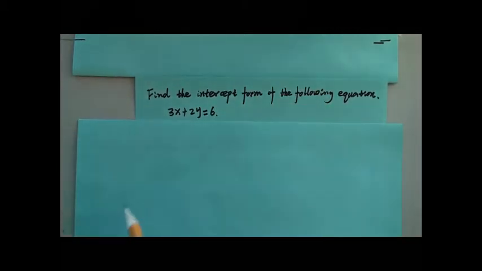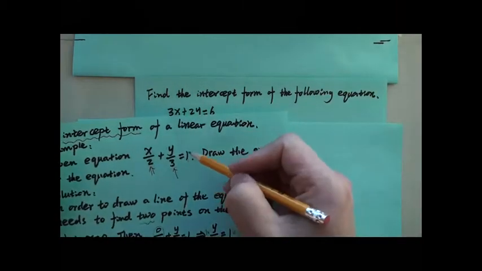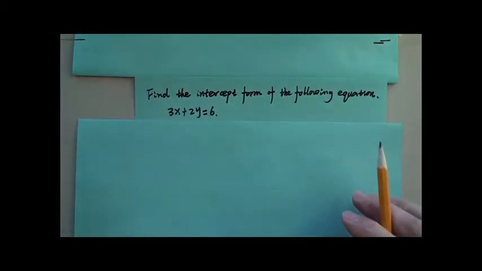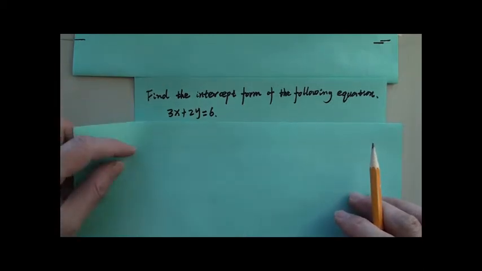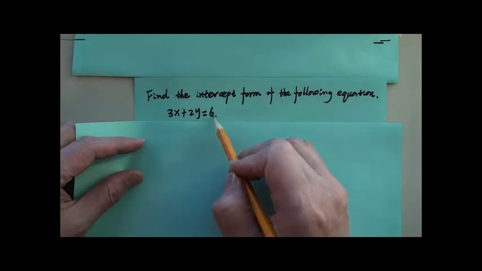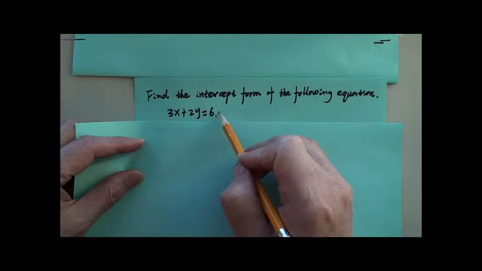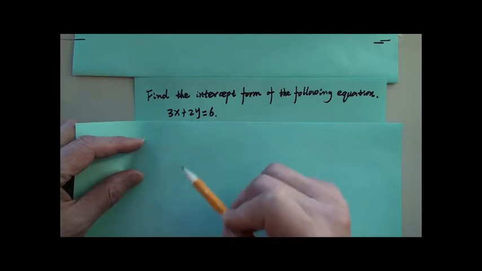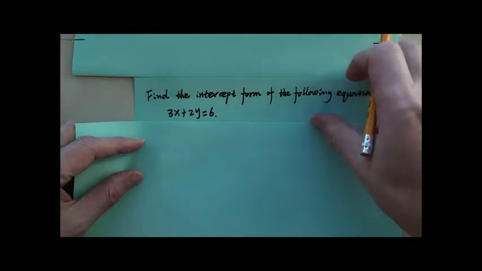Remember, here the right-hand side was 1. So our goal on the right-hand side of this equation is to make it be 1. How do you do it? If the right-hand side is divided by 6, divided by itself, then you will make it be 1.